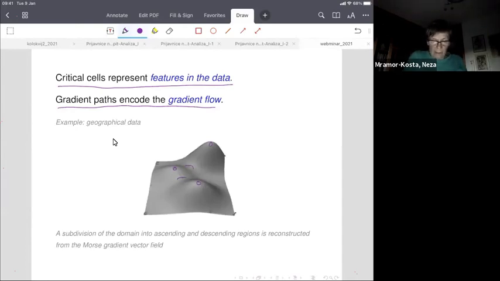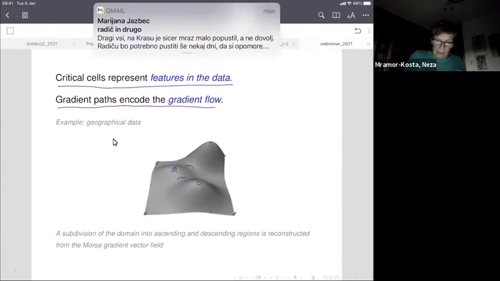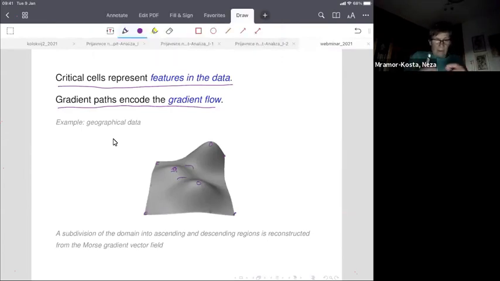Of course, the local maxima are represented by cells of highest dimension. So this is not going to be a point, but it's going to be a highest dimensional cell. The saddles will be represented by one-dimensional cells, and the minima are going to be actually vertices. So these are going to be the features which are given by the critical cells.